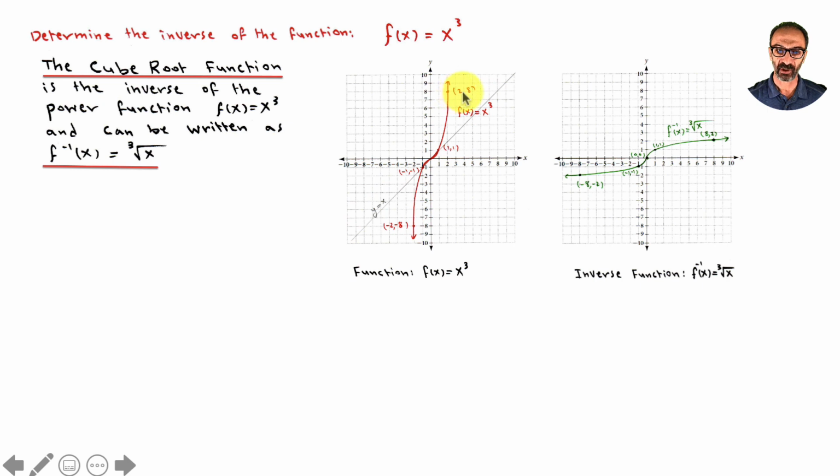For example, (2, 8), because 2 to the third is 8. Here, it's (8, 2), because the cubic root of 8 is 2.